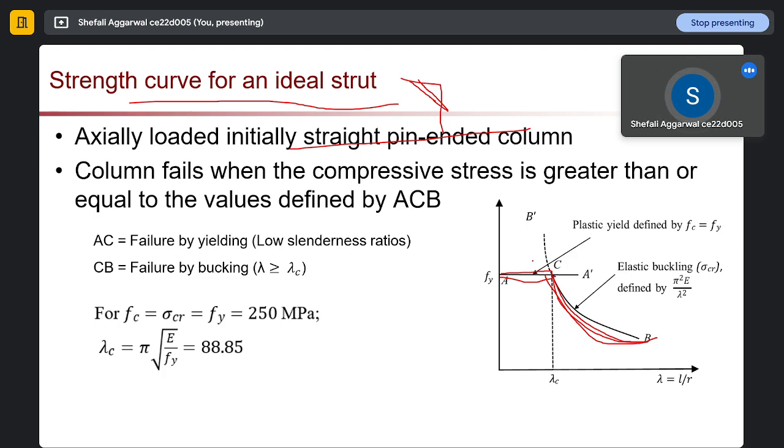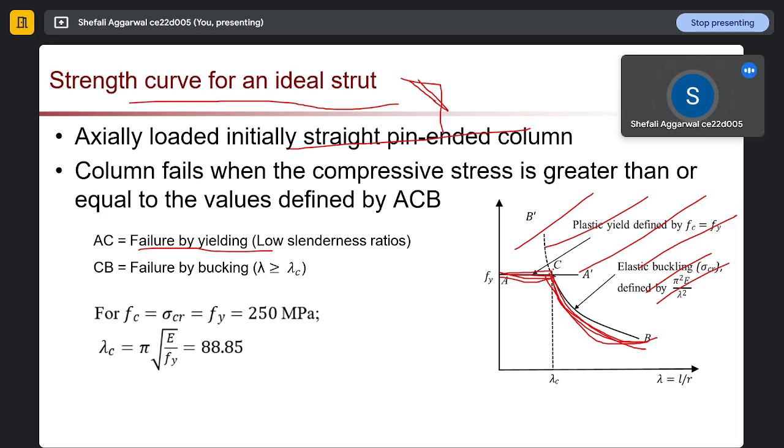In case our stresses are exceeding the value of ACB, and it is going in this area, we say failure is occurring. AC is failure by yielding and CB is failure due to buckling. If we assume an intermediate column, failure can occur due to yielding as well as due to buckling.